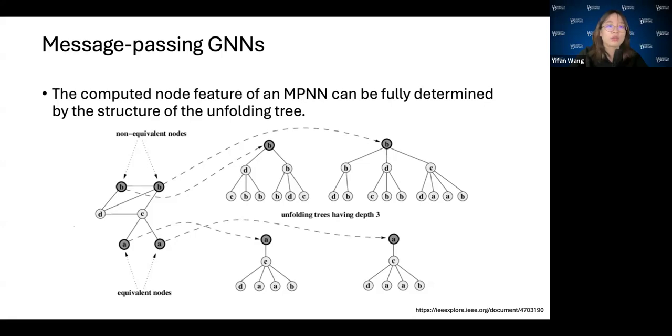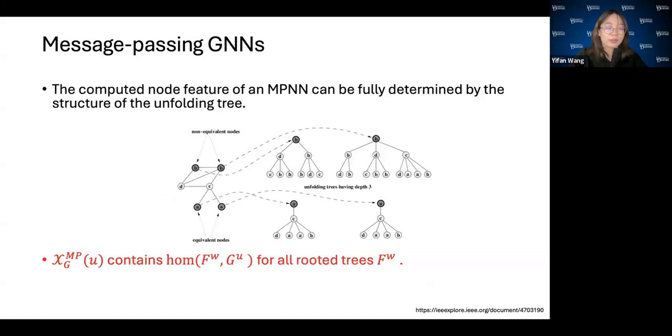For the non-equivariant node B, you can see that the unfolding tree captures the different neighborhoods of the graph, and it will maintain its structure. For the equivariant node A, the unfolding tree shows that its neighborhood is indistinguishable from that of other equivariant nodes such as D, leading to the same structure being repeated at certain depths.